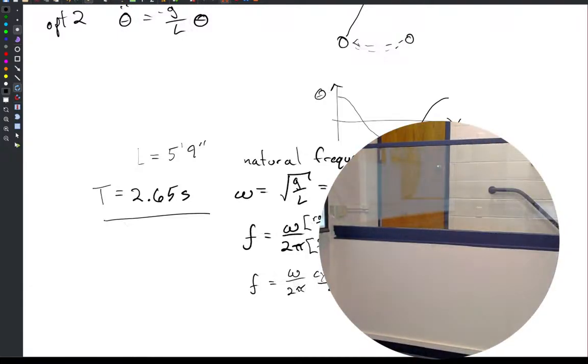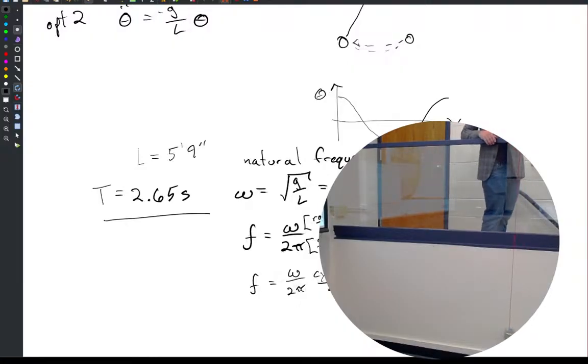All right, so I'll get it swinging, and then we have to count out the number of cycles. How many cycles do we want to add up before we divide by time? Can you see it?